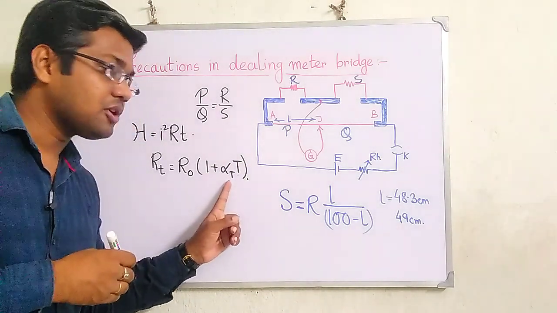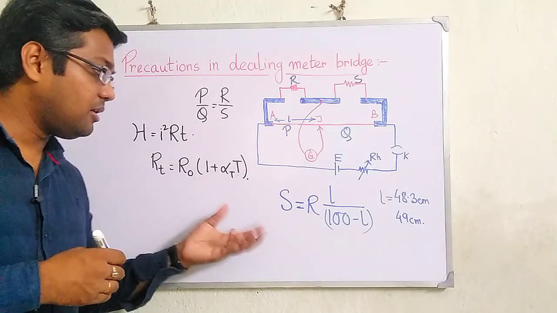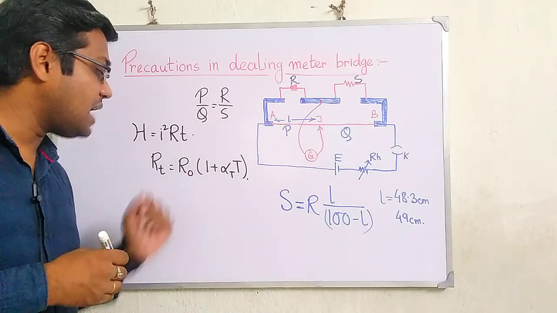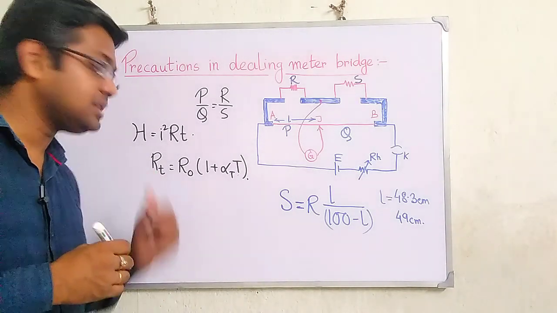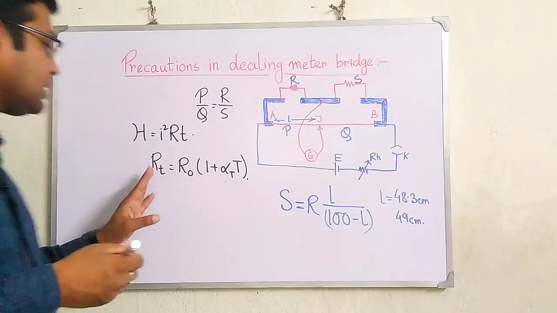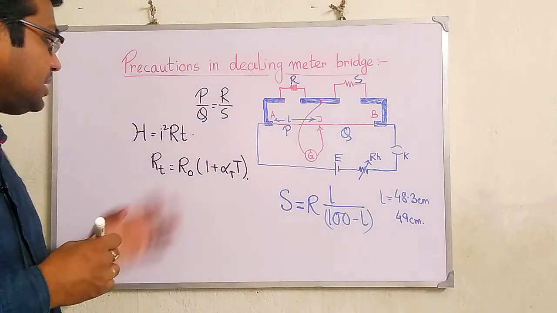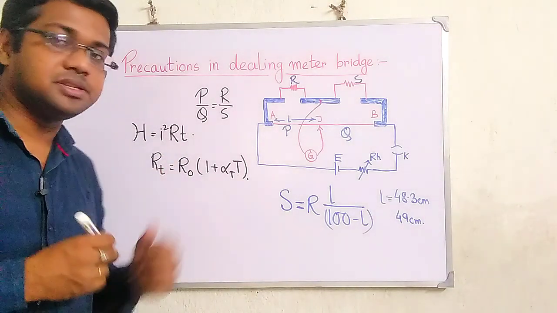Alpha is the temperature coefficient of resistance, R0 is the initial value of resistance, and RT is the value after increasing the temperature. So whatever it is, the resistance will change due to the increasing temperature.